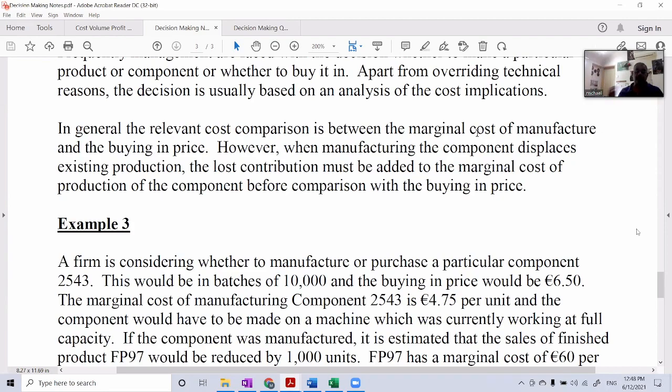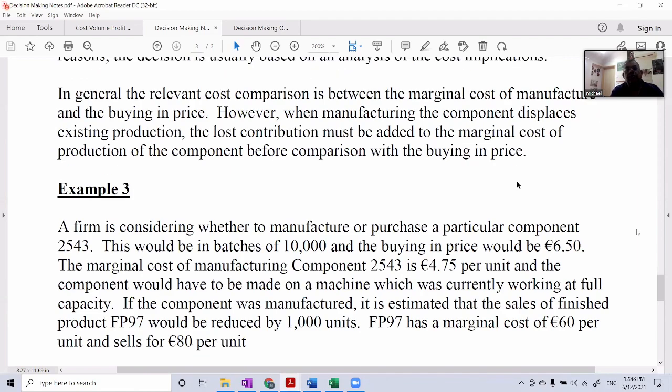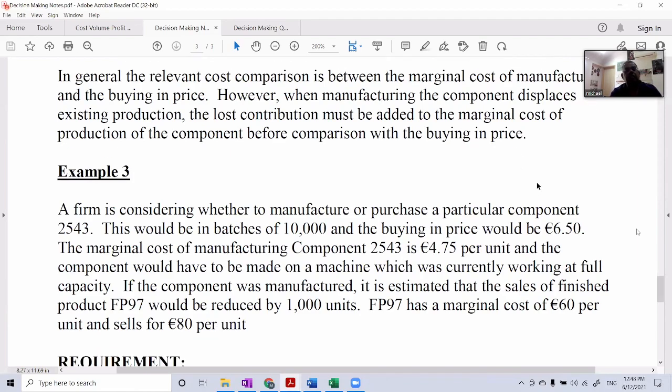So the decision is essentially a comparison of the buying in price with the marginal cost of making. It says, however, when manufacturing the component displaces existing production, loss contribution must be added to the marginal cost of production of the component before comparison with the buying in price.